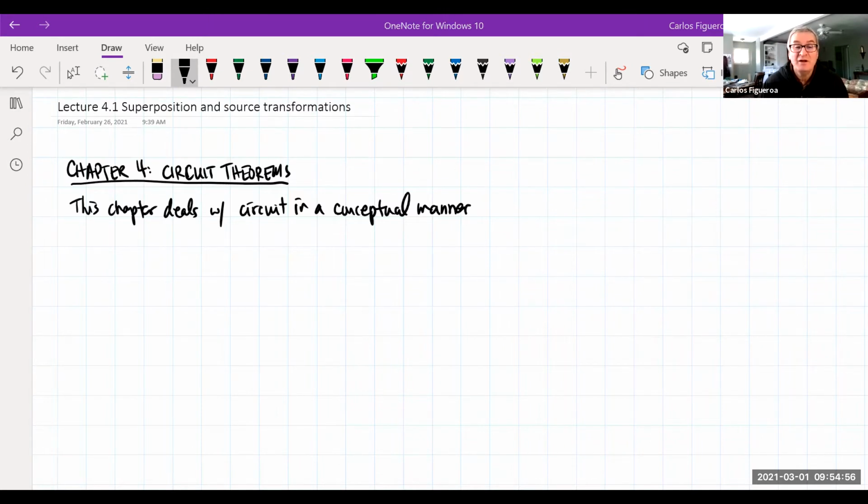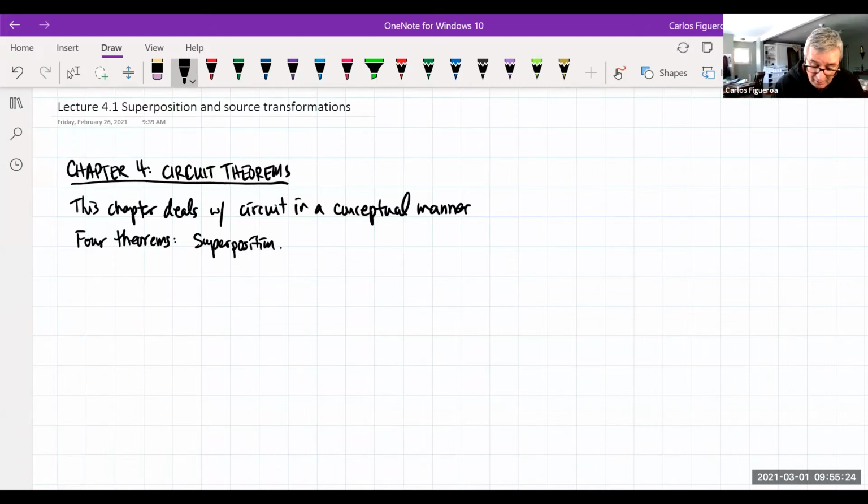So now moving on, what are we going to do here? You're going to see that there are 4 theorems. We're going to look at superposition. We talked about superposition in the first chapter.